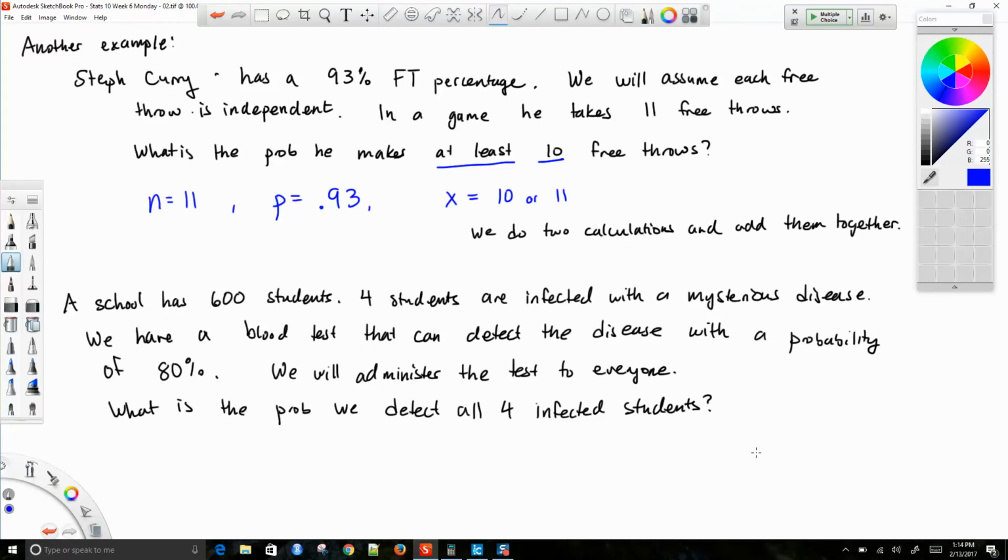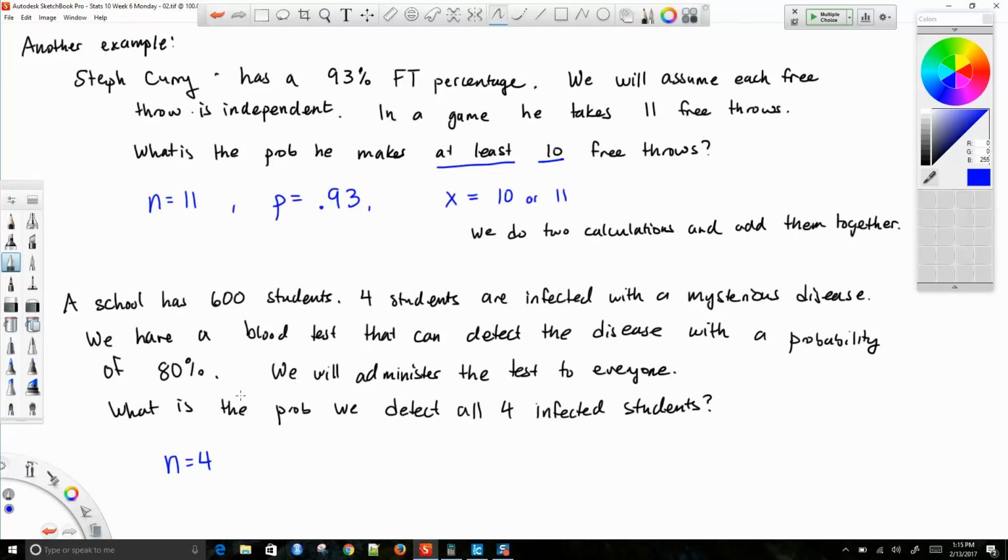Okay. All right, and so in this situation, what is our n? See, I have deceived you. N is 4. We are administering the test to all 600, but the probability of detection, this 80%, only applies to the people who actually are infected, right?